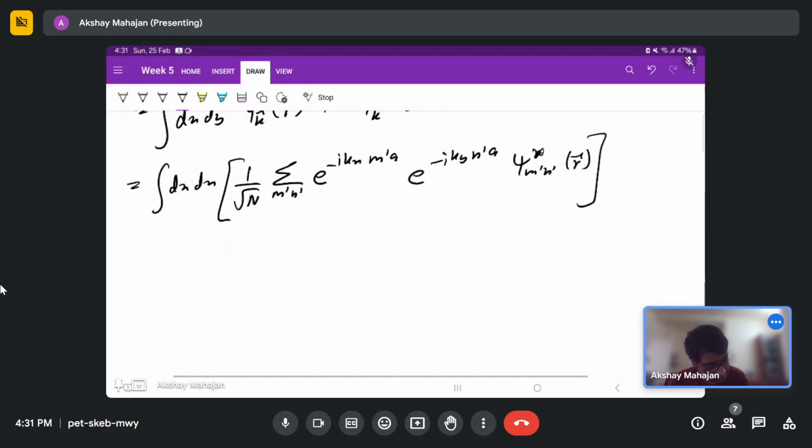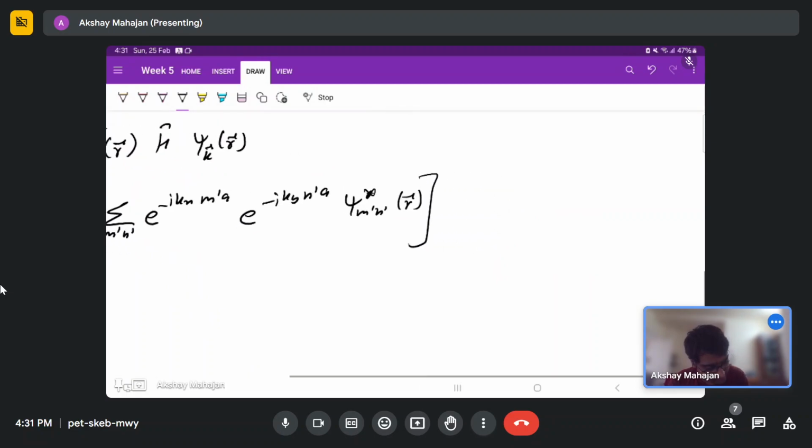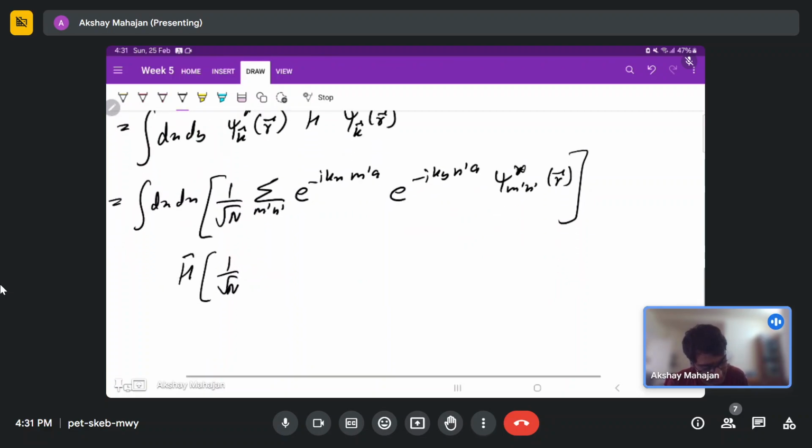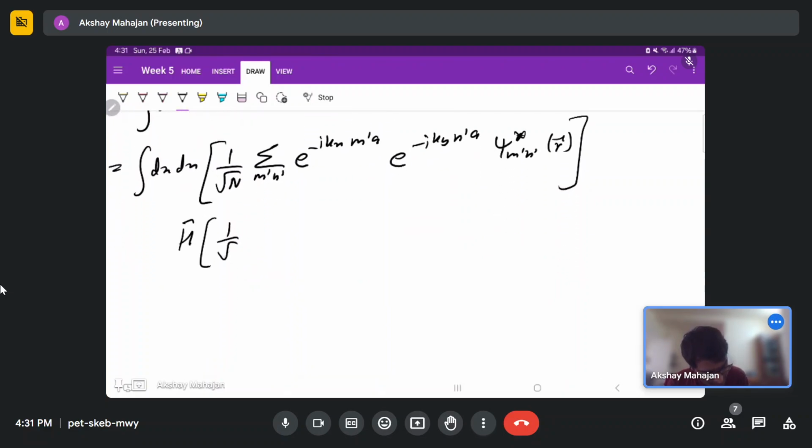Then in this we will have an h cap, the Hamiltonian operator, and then I will write this psi k of r vector as summation over mn, e to the power iota kx m a, e to the power iota ky n a, psi of mn r vector.